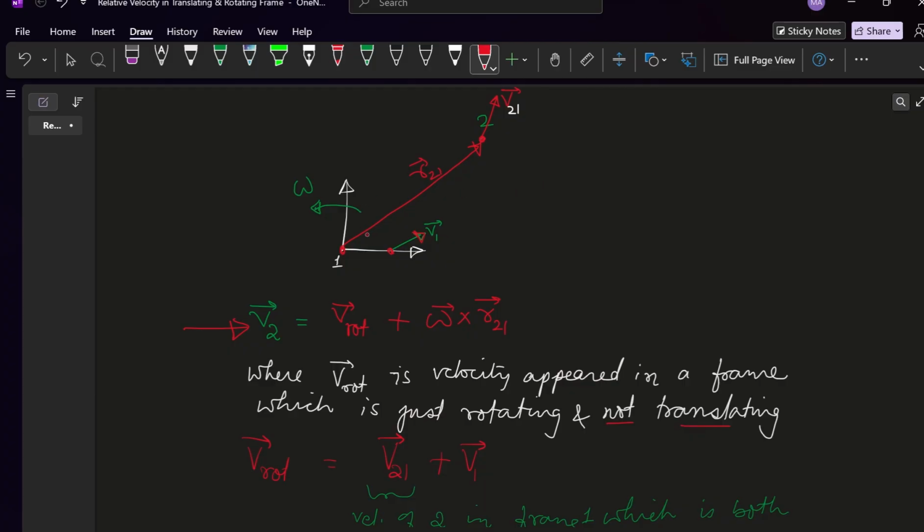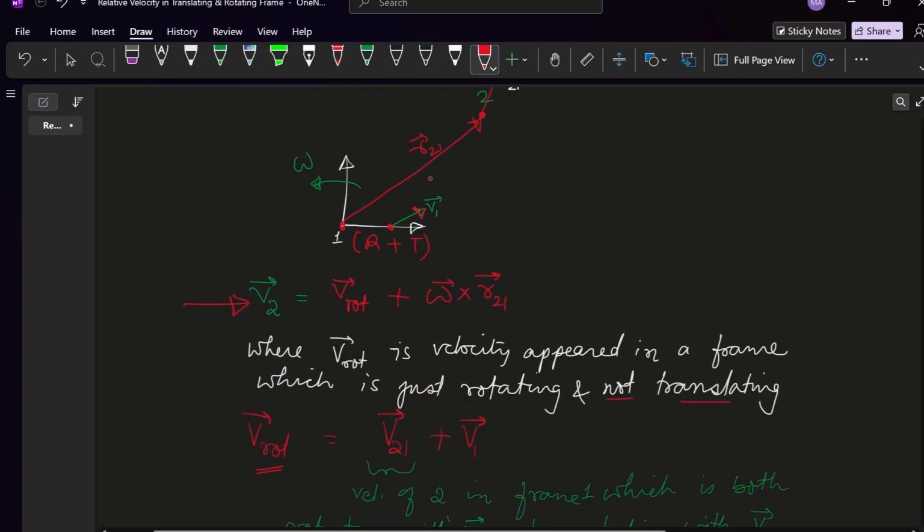Now let's see. My frame 1 is rotating plus translating. So what is v rotating?